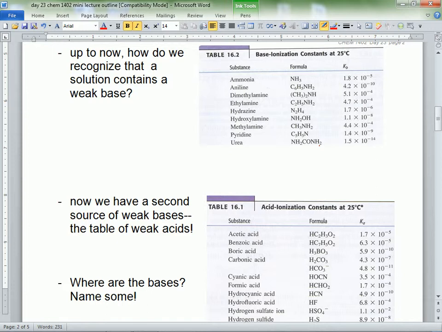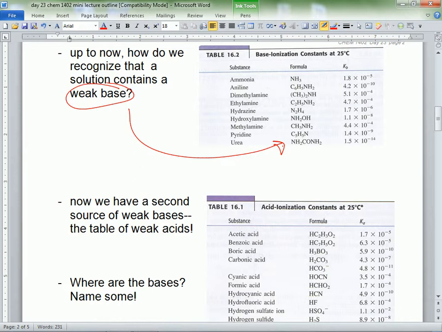How do we know that? Well, it's in the table, right? Up to now we knew it was going to be a weak base because it was in the table.